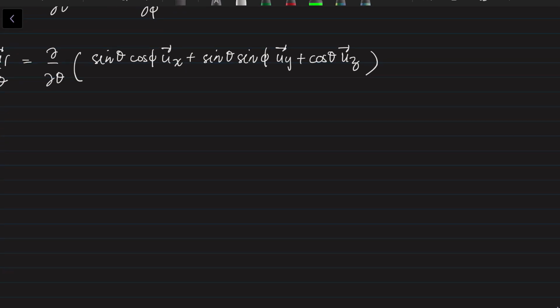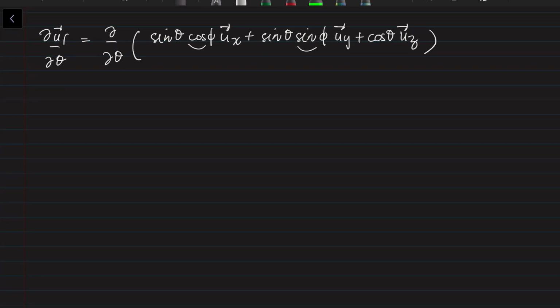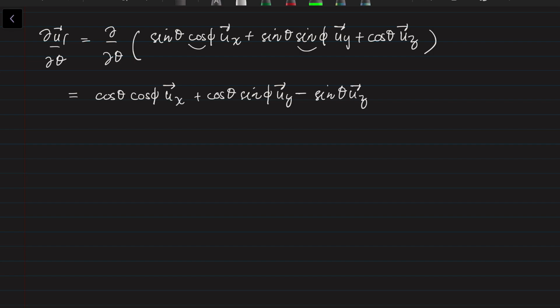So I'm not going to touch these phi terms, because these phi terms are treated as constants. Okay, so the derivative of sine theta is cosine theta. So that gives me cosine theta cosine phi ux plus cosine theta sine phi uy minus sine theta uz.